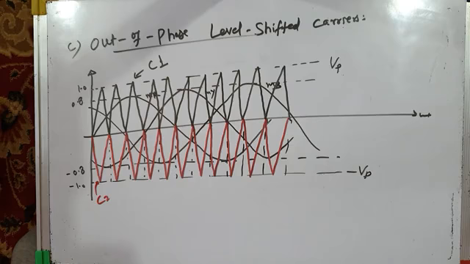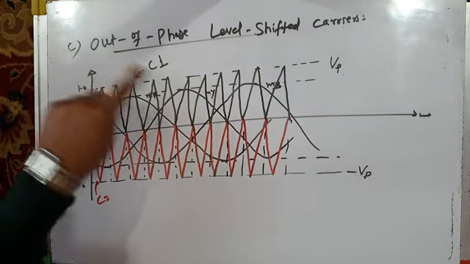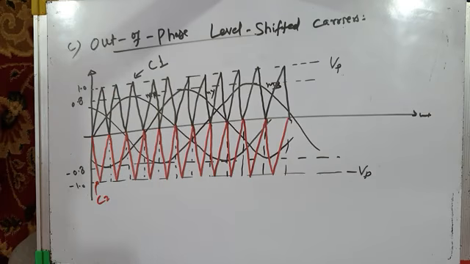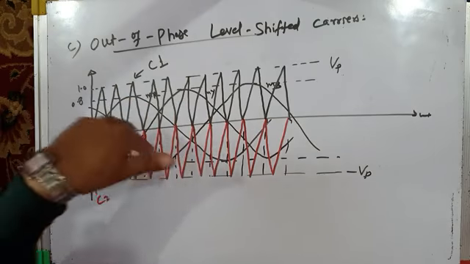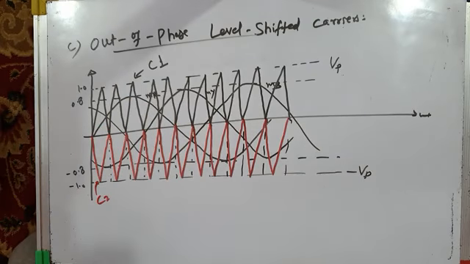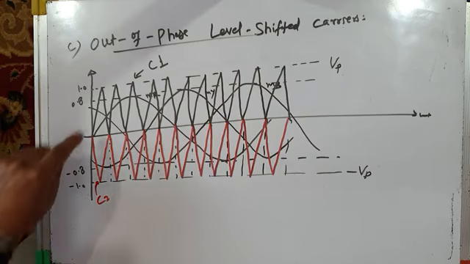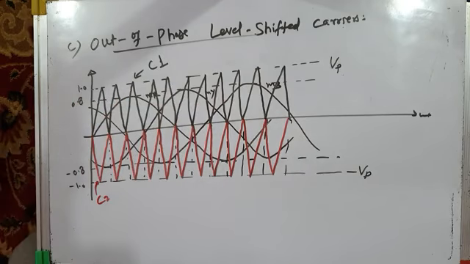Same logic. Now, should we go for in-phase level-shifted carriers or out-of-phase level-shifted carriers? If you see the literature and if you try simulating both these PWM techniques using MATLAB software or any other software, first take in-phase level-shifted carriers, which I have discussed just a few minutes back, and use the FFT block to find the THD of inverter output voltage and current.